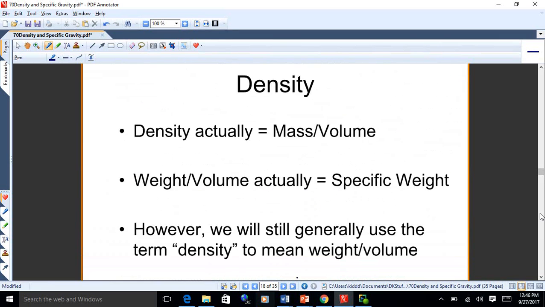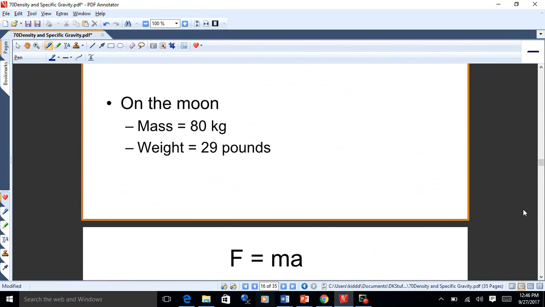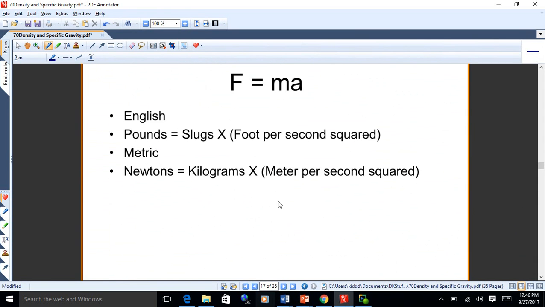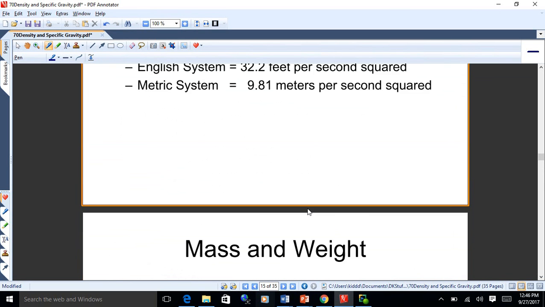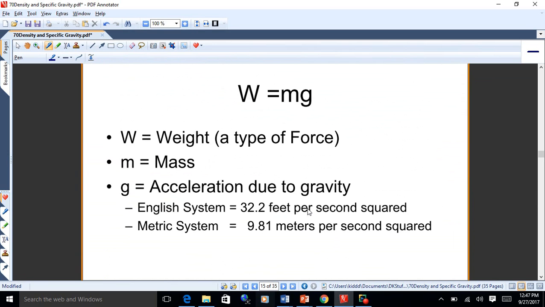The way you would do this is you'd use the W equals mg formula, and the weight is in newtons. So W equals the mass, which is 80 kilograms, multiplied by g in the metric system, which is 9.81.